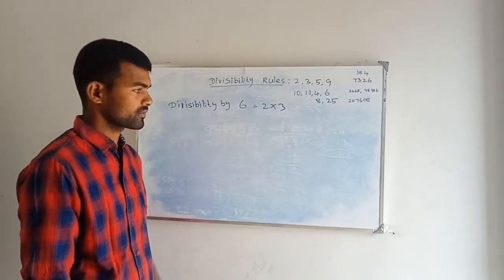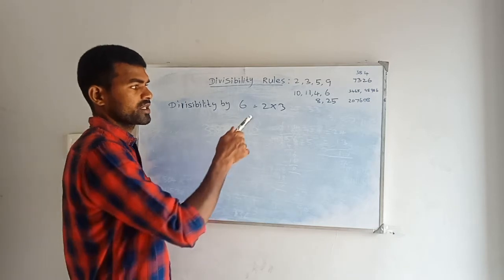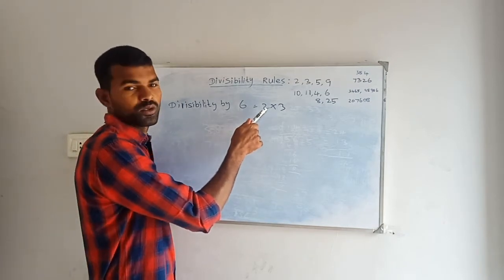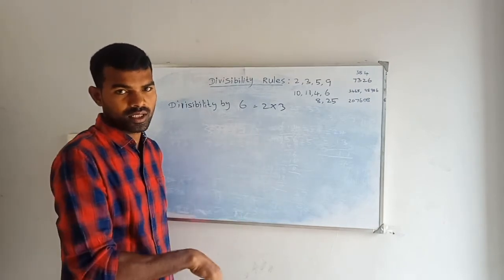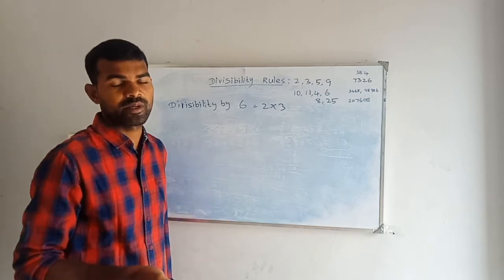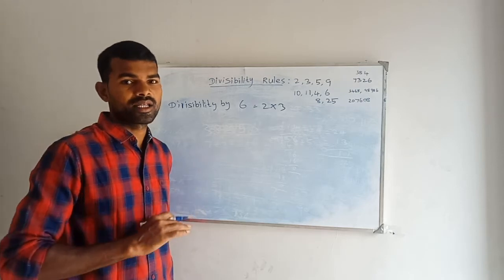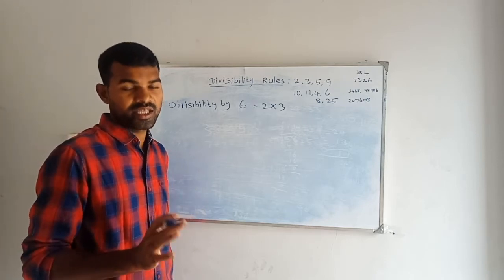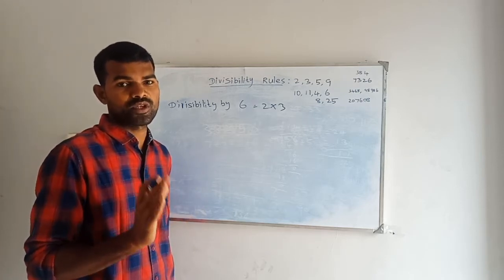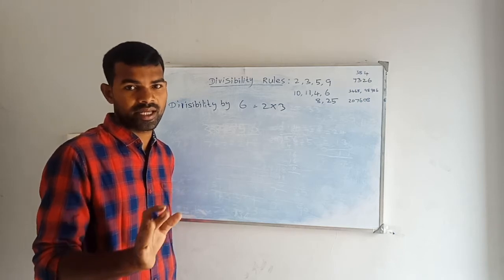We saw that already: whether the number is divisible by 2 or not. What is the rule? For divisibility by 2, the number must end with an even digit, that is 0, 2, 4, 6, 8.